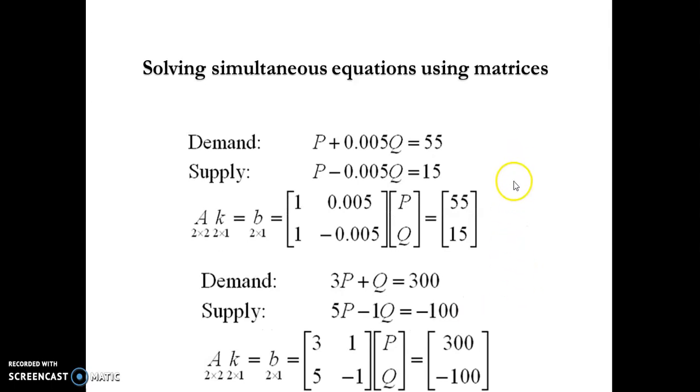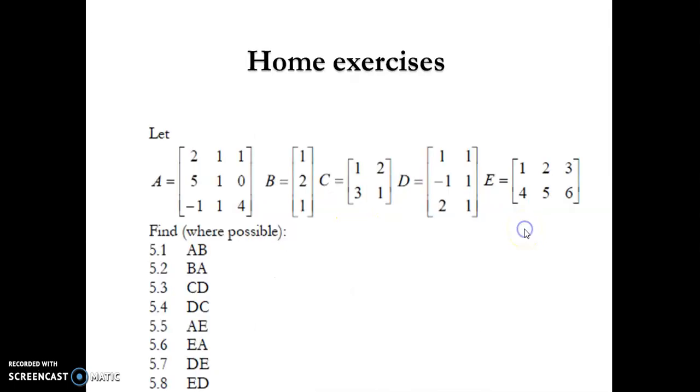Again, we have two more examples. Please see that you attempt these two and that you double check that you are able to write the system of linear equations in this form, where you have the product of a matrix A times K, this vector, and it is equal to a vector with your constants on the right-hand side.